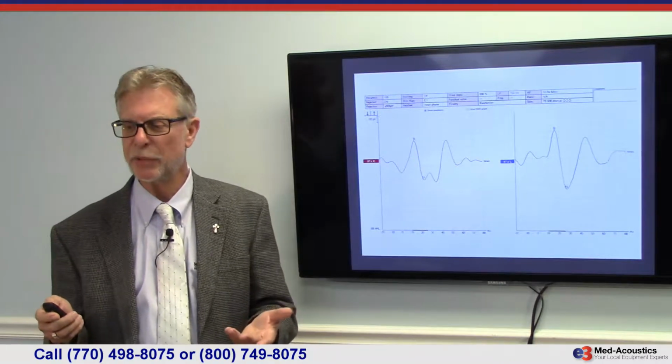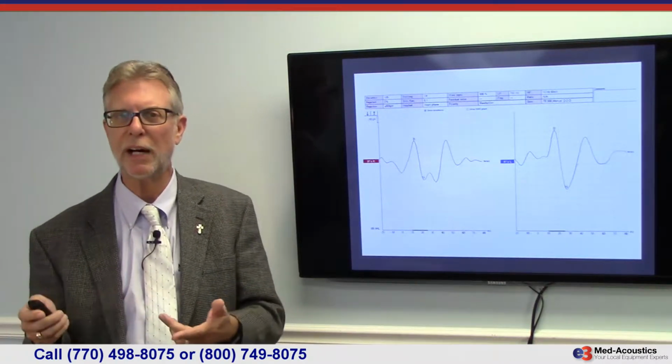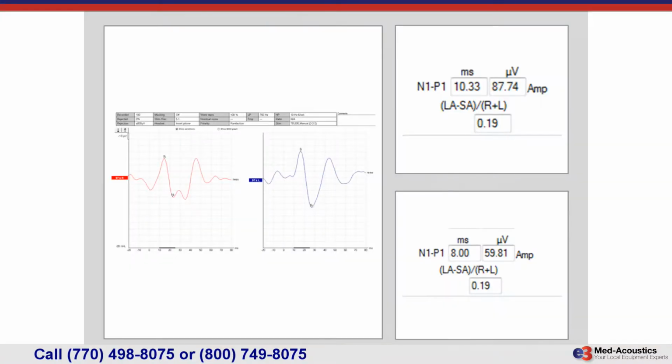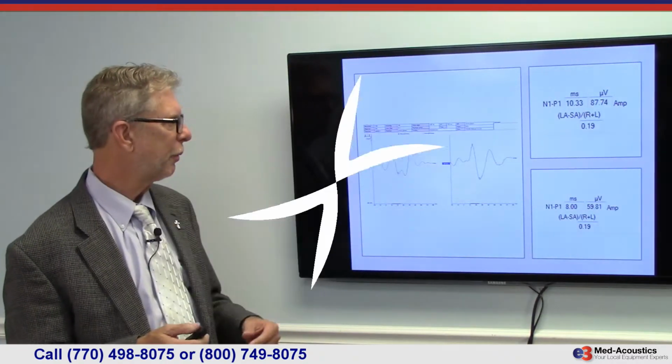And when that asymmetry difference exceeds 0.35, that's when it's a positive finding. On the Interacoustics Eclipse, if you have the VEMP option, it certainly does the calculation for you. So you don't have to calculate manually the asymmetry difference. It will do it for you.